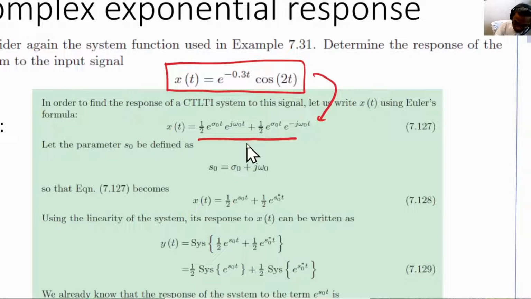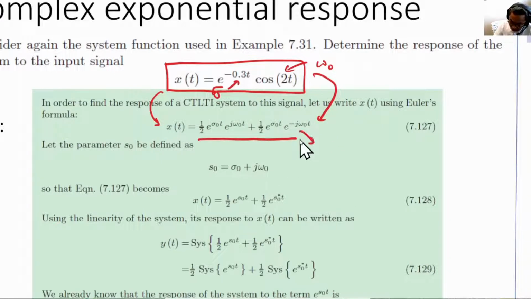So let us call this sigma and let us call this omega naught. And therefore now we have converted the e to the minus 0.3t cosine 2t into this expression over here.